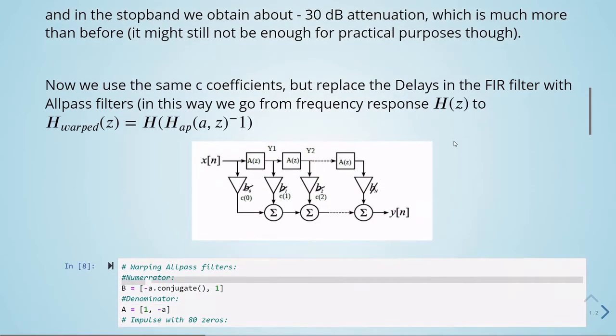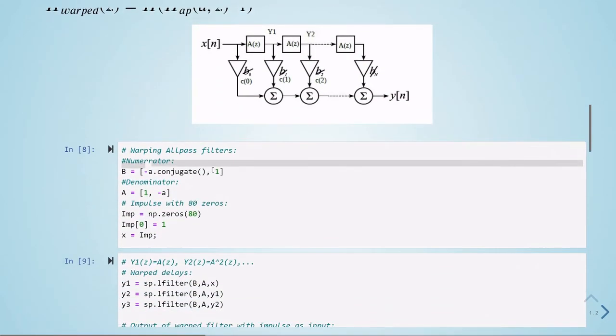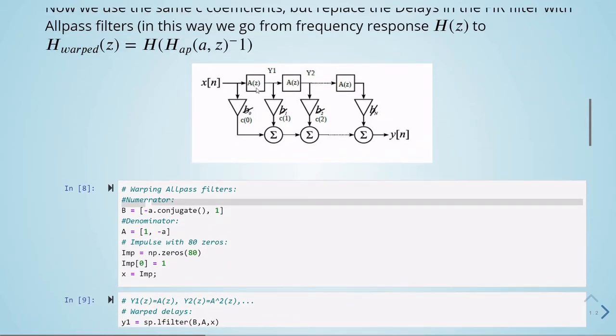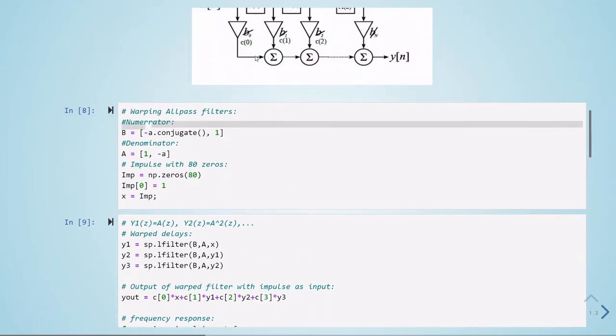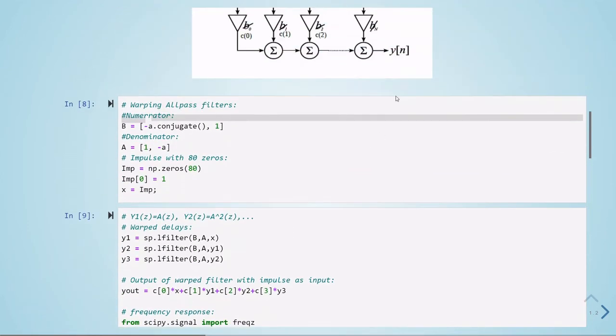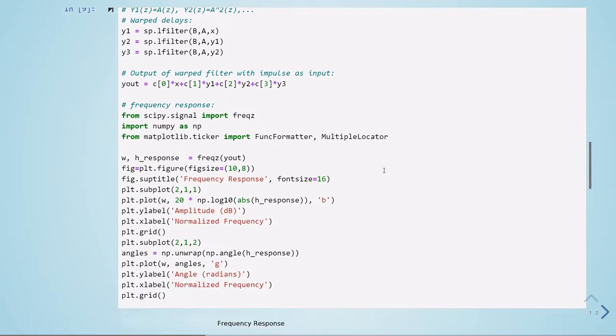So what we're doing, we're defining here the warping all-pass filters, and then we are doing this X times C0 plus Y1 times C1 plus Y2 times C2, and here are our all-pass filters. Then the output is given by the sum of all these, the y of n.